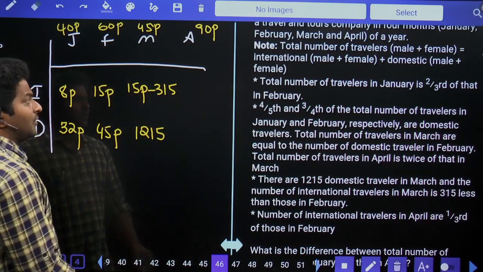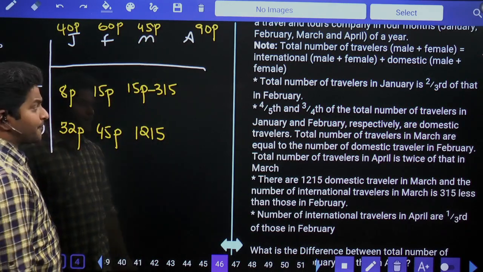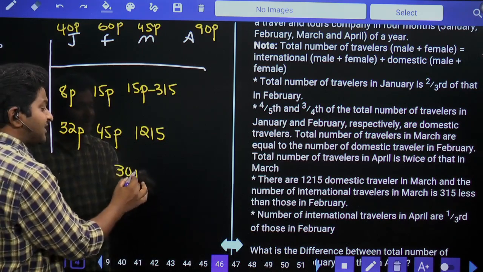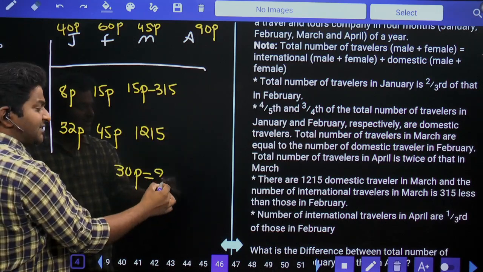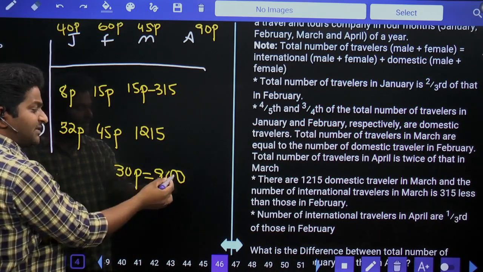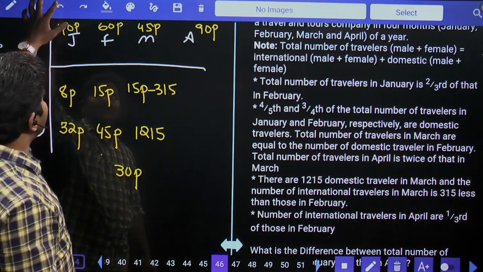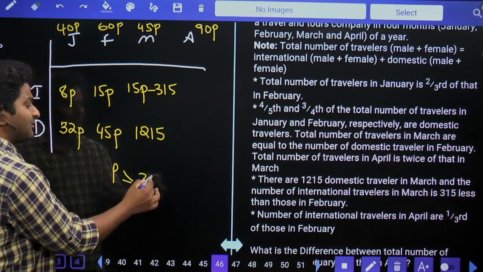Now, sum of these two numbers must be equal to 45 parts. Already 15 parts we have. So 30 parts is equal to 1215 minus 315, that is equal to 900. From this, P is equal to 30. Once we have P value equal to 30, let us multiply every number with 30.